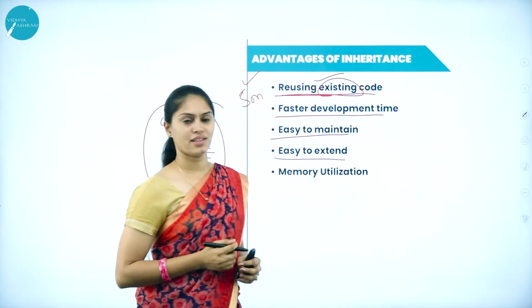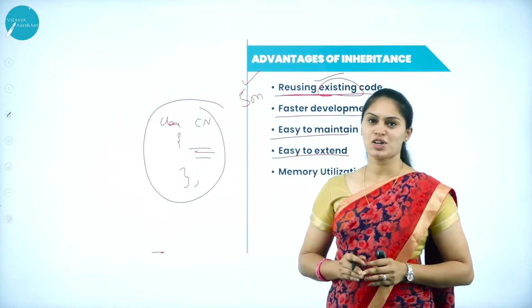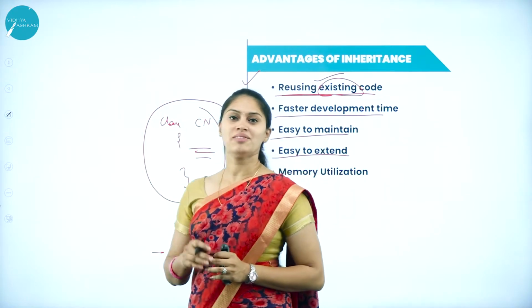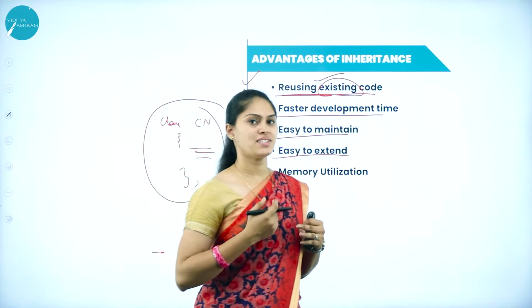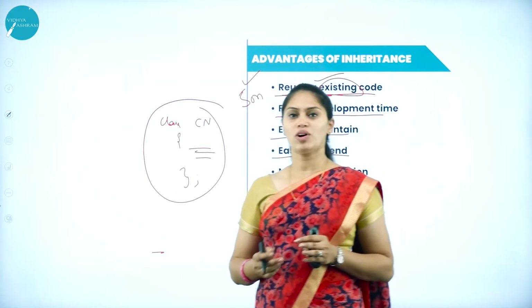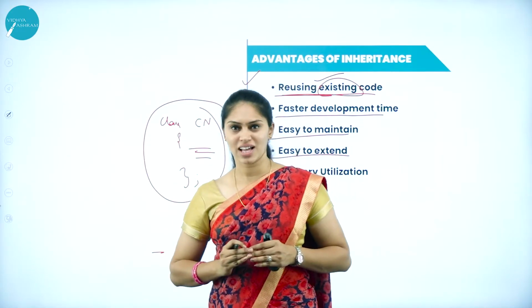It will be easier to maintain and easy to extend. How will it be easy to extend? When I'm using this inheritance concept, we have a base class along with a derived class, right? From the base class, I can acquire some properties, but what if I want to add new technologies or new properties or new methods into that class?